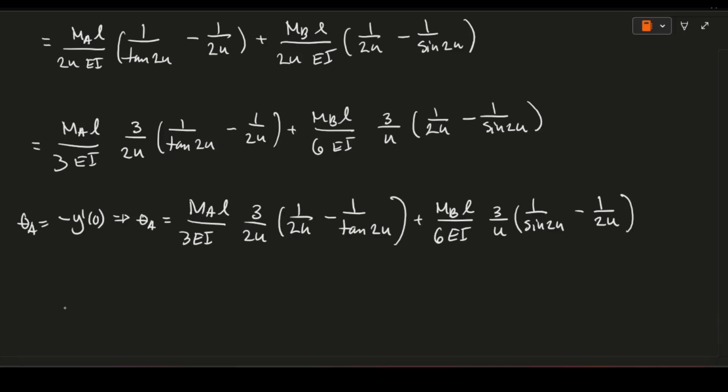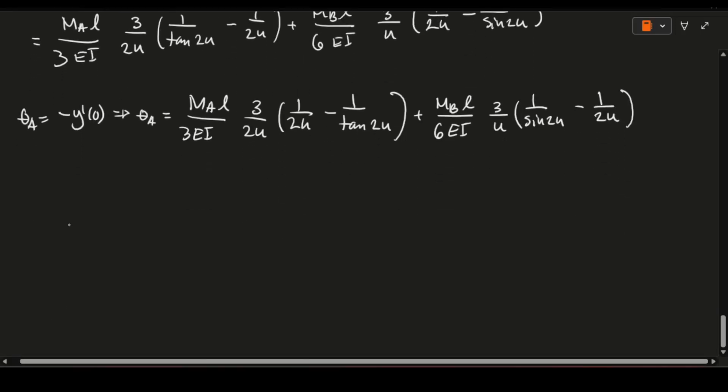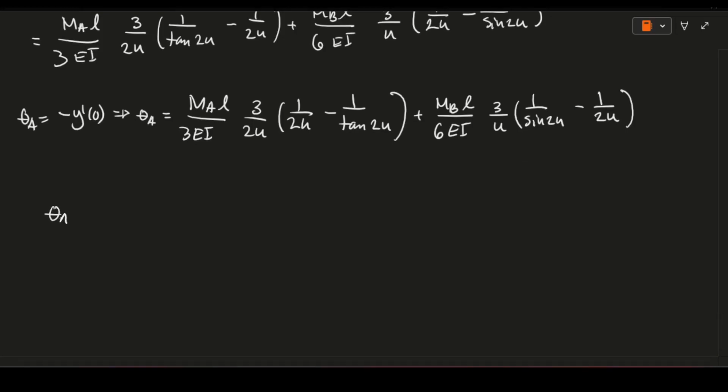This we can write as theta A is equal to MAL over 3EI times psi of U plus MBL over 6EI times the function phi of U.